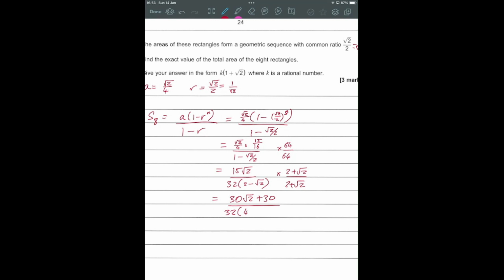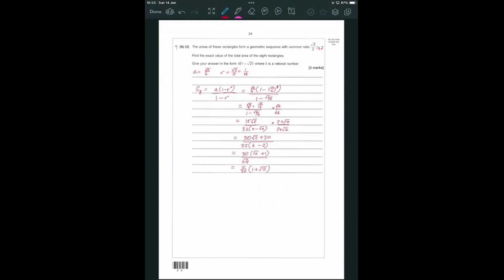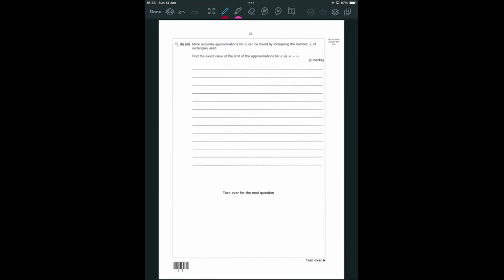We're going to have 4, the middle terms cancel, minus 2. I'm going to factor out the 30 on the top because I know my answer wants that to happen. 64. And then finally, in the form that the answer wants, a constant in front, 1 plus root 2 in the bracket. My k is 15 over 32. Oh, that was a lot of effort.